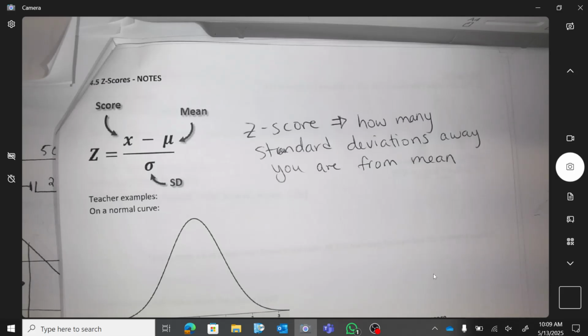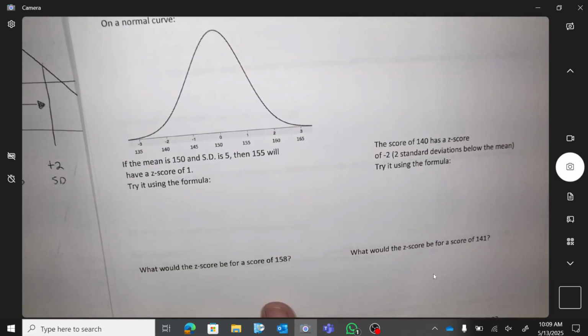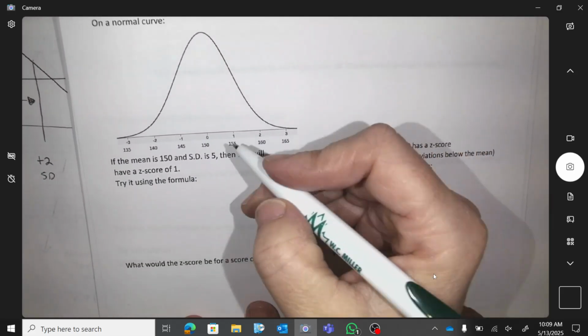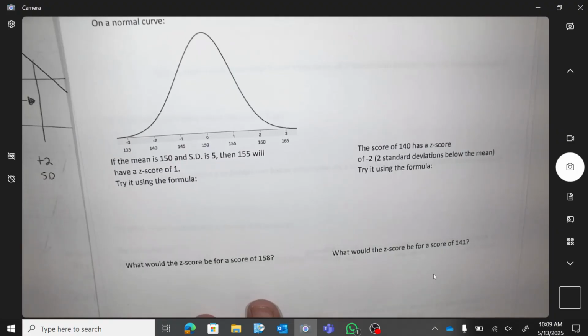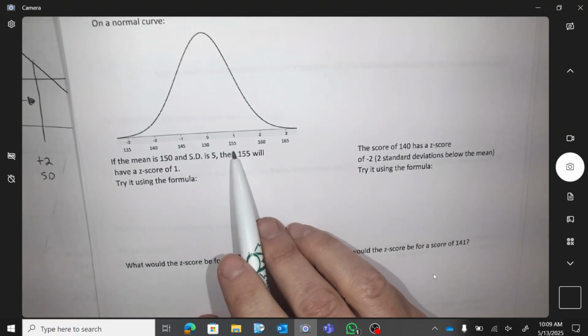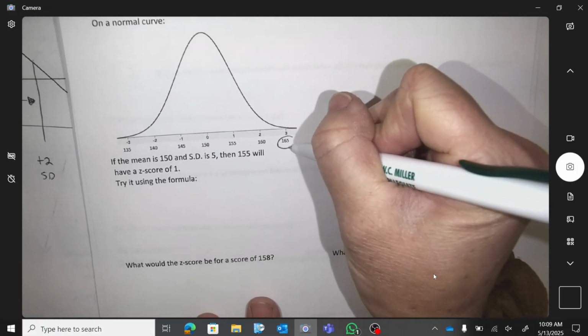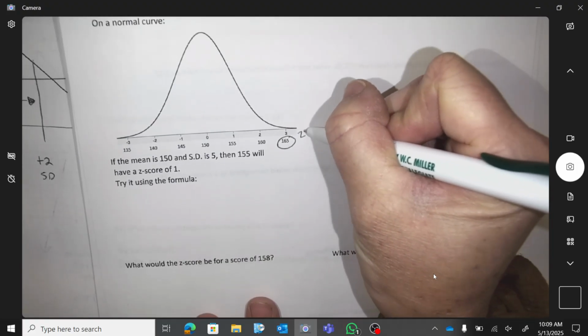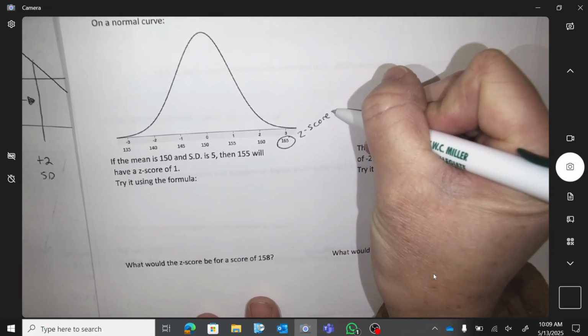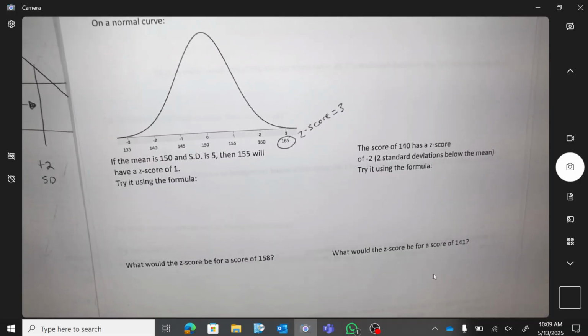Okay, so here's an example. You can see the mean is 150 and the standard deviation is 5. So I went 5 up, 5 up, 5 up. So this number has a Z-score of 3 because it's 3 standard deviations higher than the average.